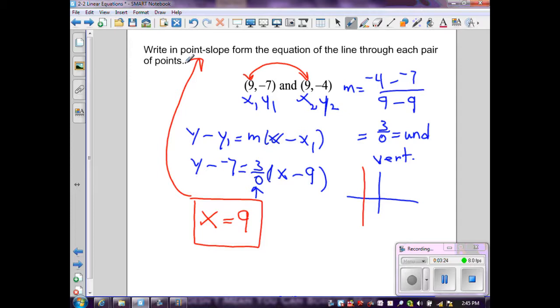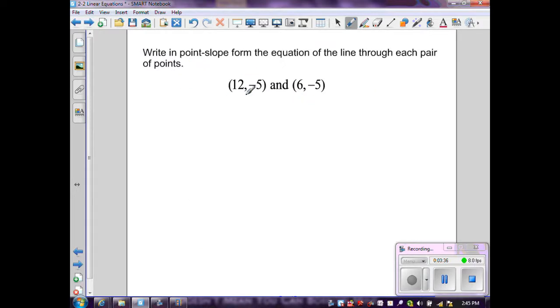So a lot of times you can save yourself a lot of work if you look at the ordered pairs and determine that either the x values are the same or the y values are the same. Here, if I did that, I would find that my y values are the same, negative 5 and negative 5. That would be y equals a negative 5.